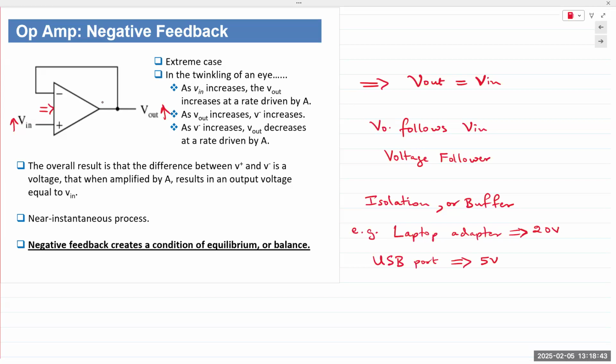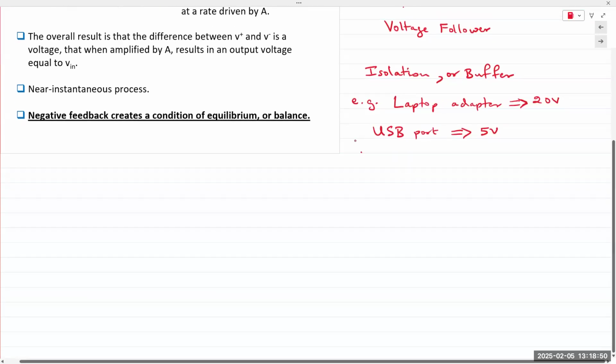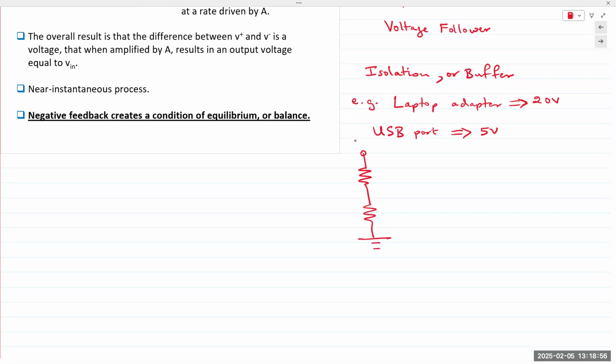So if your laptop adapter is 20 volts and your USB port is 5 volts, the circuit that can provide this, let's just create a simple voltage divider network. You apply plus 20 volts. Let's say this is a resistor for 3K, and this is 1K. Okay.